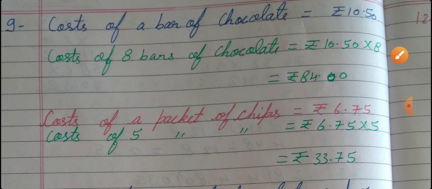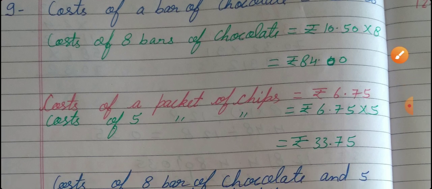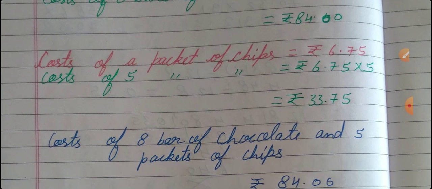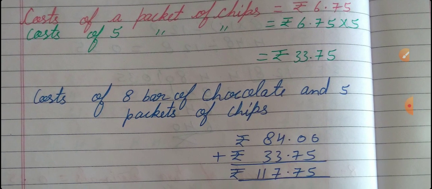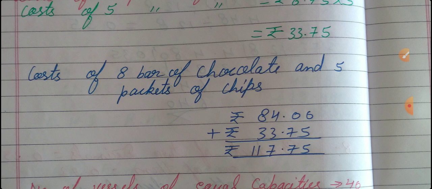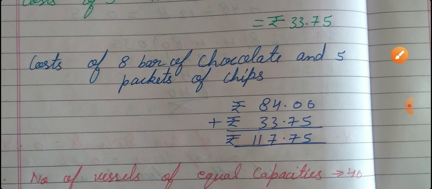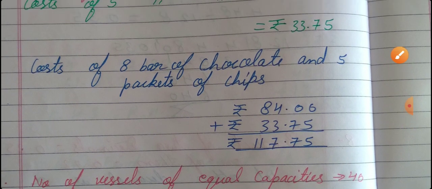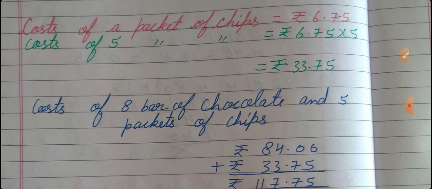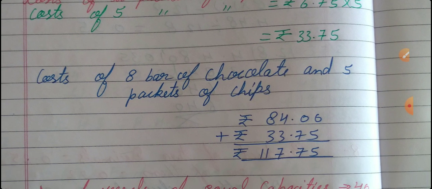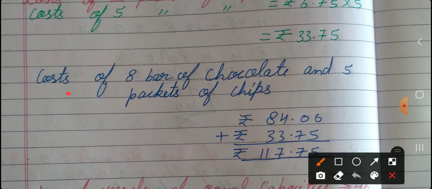Then the cost of 5 packets of chips is 33.75 rupees. Yes, now we will add. On adding, we are getting 117.75. This is the cost of 8 bars of chocolate and 5 packets of chips.